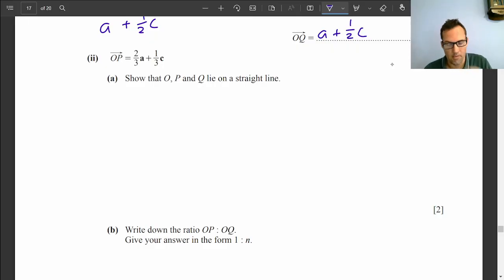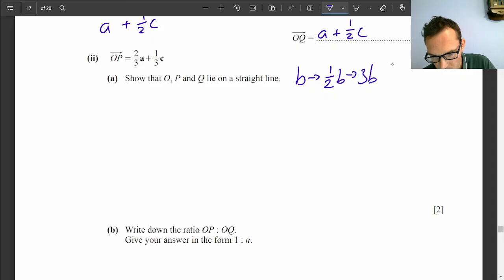For example, if I've got a vector called b, then if I have the vector half b or 3b, any of those, they won't be equal, but they will be in the same direction. Okay, they will be parallel. So we can kind of do the same thing here.